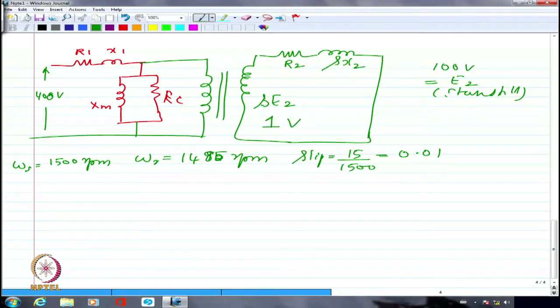It's a very, very small induced EMF that I am going to get. And 1 volt, with whatever is the resistance and leakage reactance has decreased, I agree. The current is going to be definitely very, very minimal compared to what I got during starting. That's what you would see when you start an induction motor. When you start, you will see the ammeter shooting up. The current will really go up, and as it gains speed, slowly you would see the ammeter pointer falls, and it comes to a minimum.